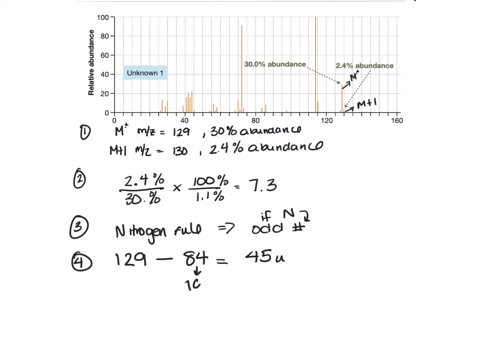That's not very likely, because this has to include hydrogen atoms, which have a molar mass of 1. So 3 nitrogens doesn't seem likely because you wouldn't have enough molar mass left over to accommodate your hydrogens.